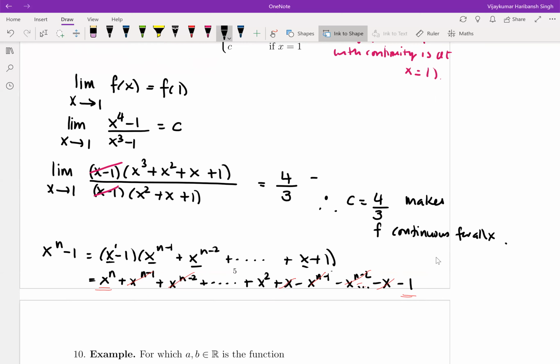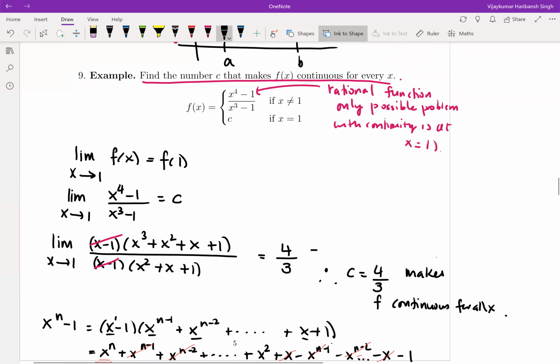That is the idea behind it. Okay. So that is how you find out the C. Again, it relies on the definition of continuity. What does it mean for a function to be continuous?